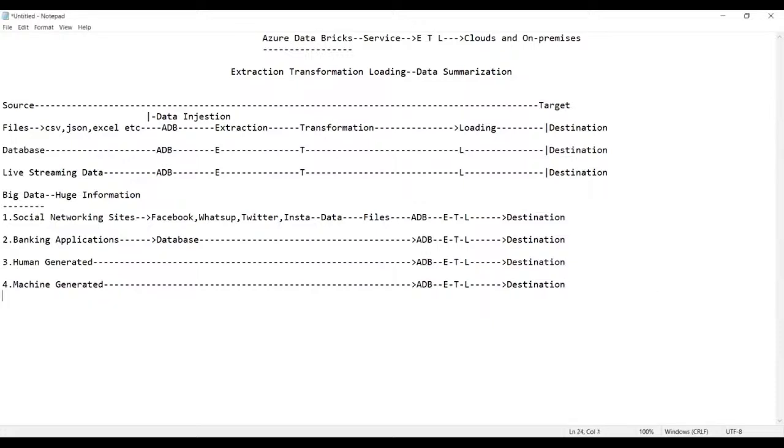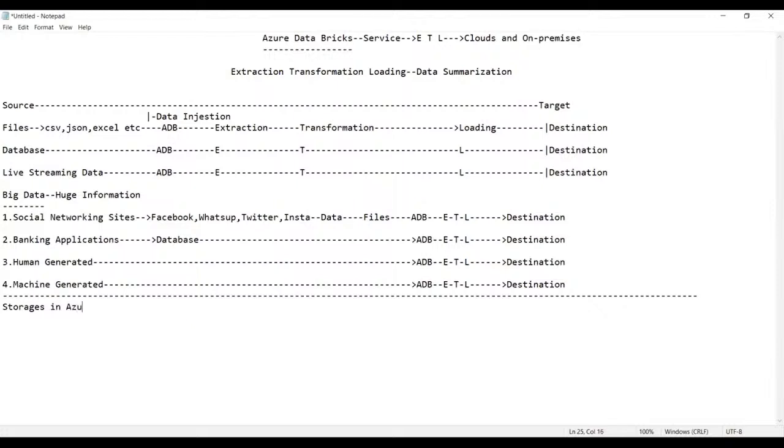After all these things are completed, we get the data from files, etc. into the ADB, and from ADB we perform extraction, transformation, and loading. In ADB, the data is stored in the following storages.